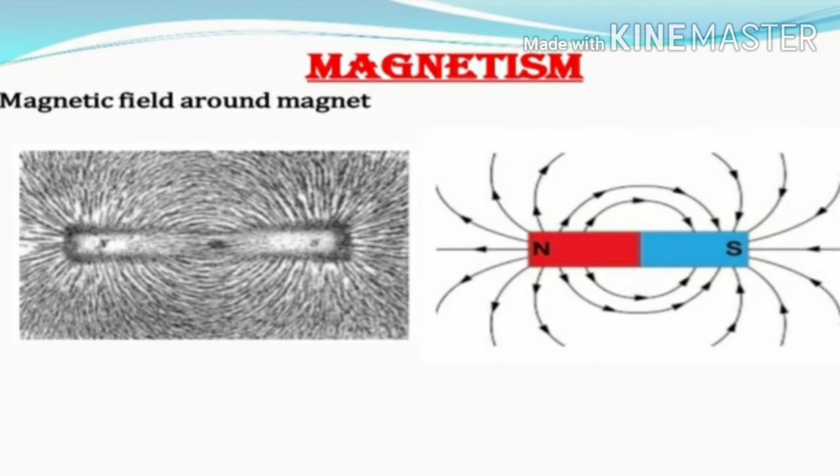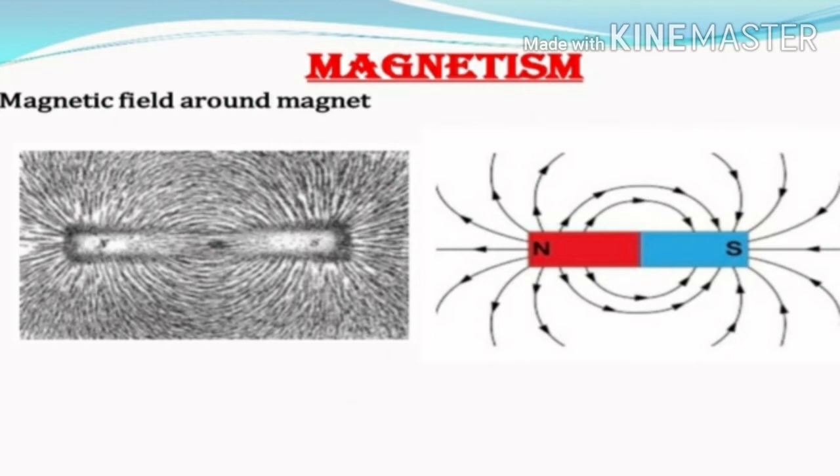It can be seen the iron filings align themselves in a specific pattern which represents the field of that magnet. If these patterns are observed clearly, it can be seen that iron filings are accumulated near the poles, whereas concentration is less in the region away from the poles.